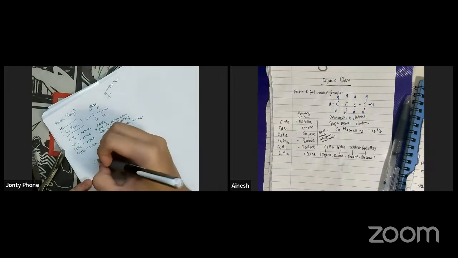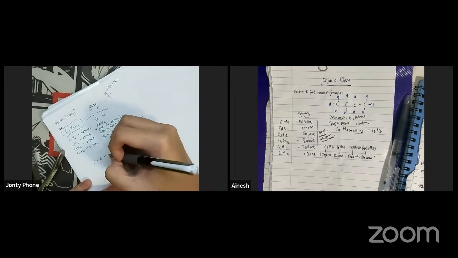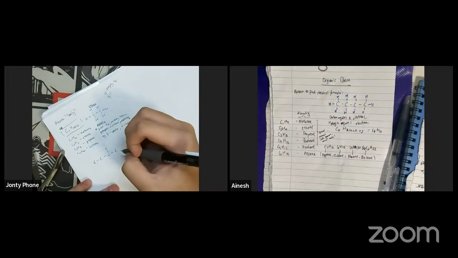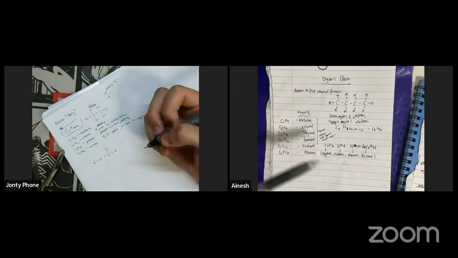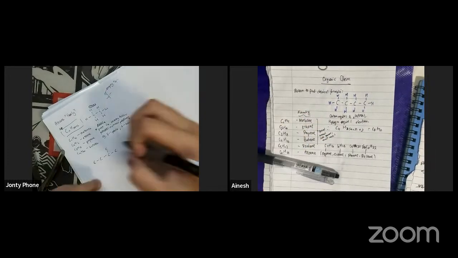Ainesh, start, please. On the paper, much easier. We're going to do this in exam like that anyway, right? Make everybody happy, then count.